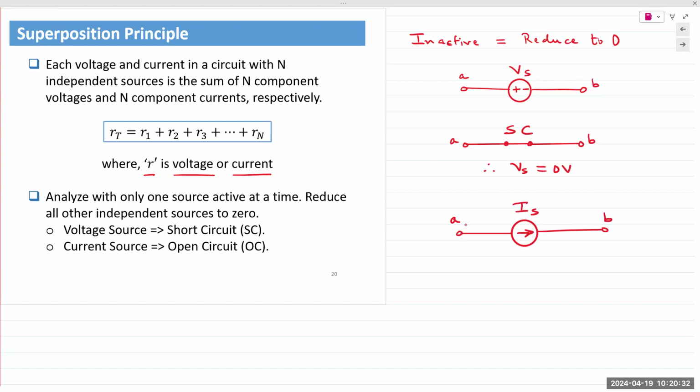If you simply remove it, we call it OC, open circuit. And therefore, Is is equal to 0 amps. And thus, we've made the current source inactive.